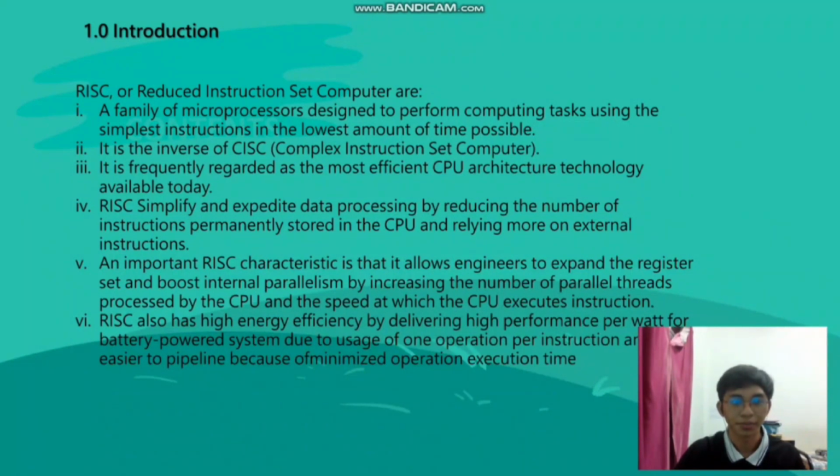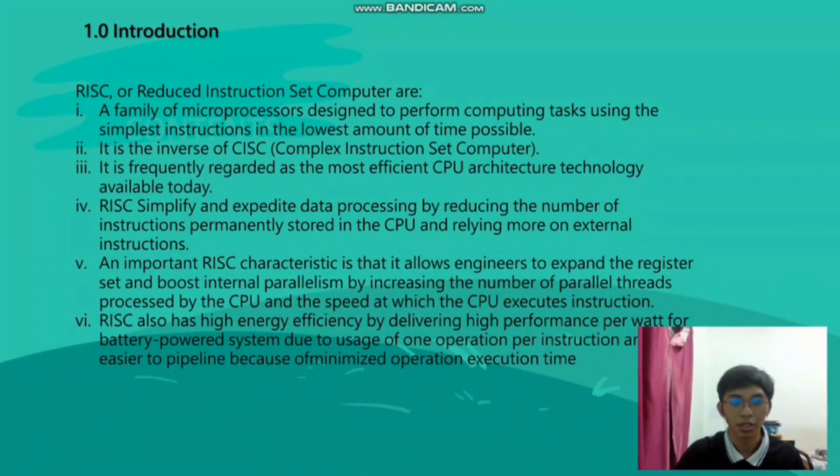An important RISC characteristic is that it allows engineers to expand the register set and boost internal parallelism by increasing the number of parallel threads processed by the CPU and the speed at which the CPU executes instructions.